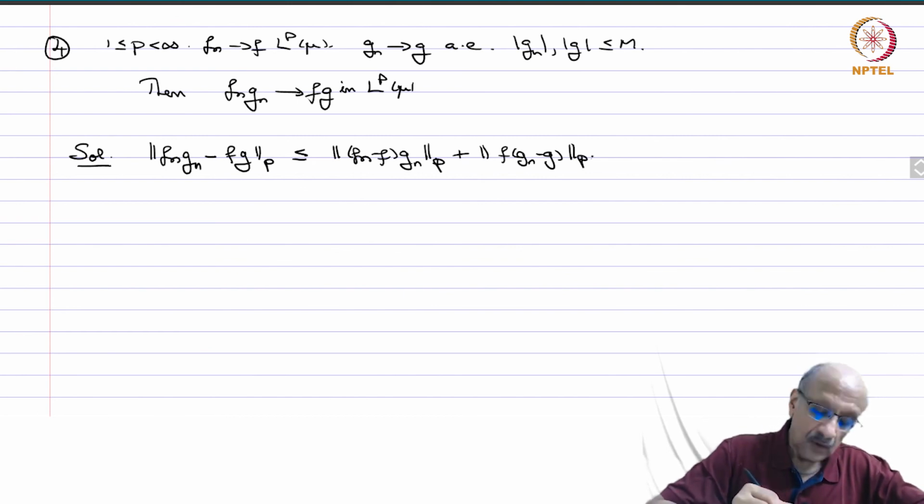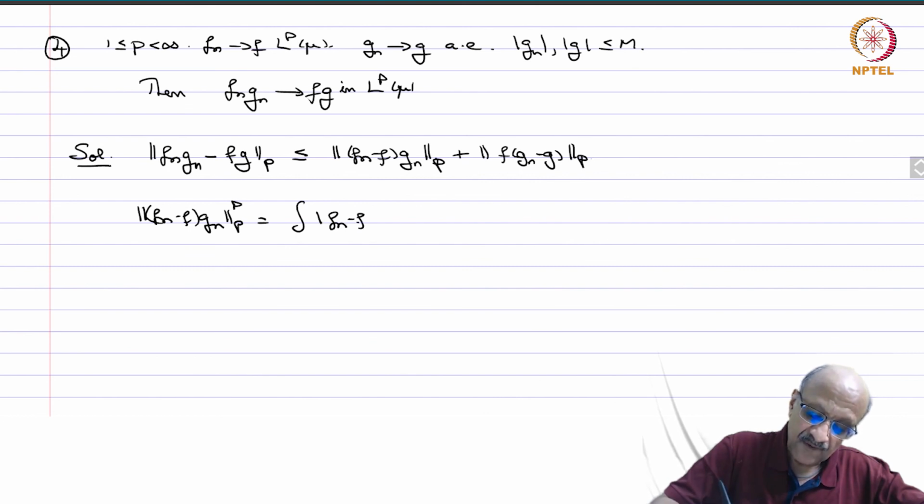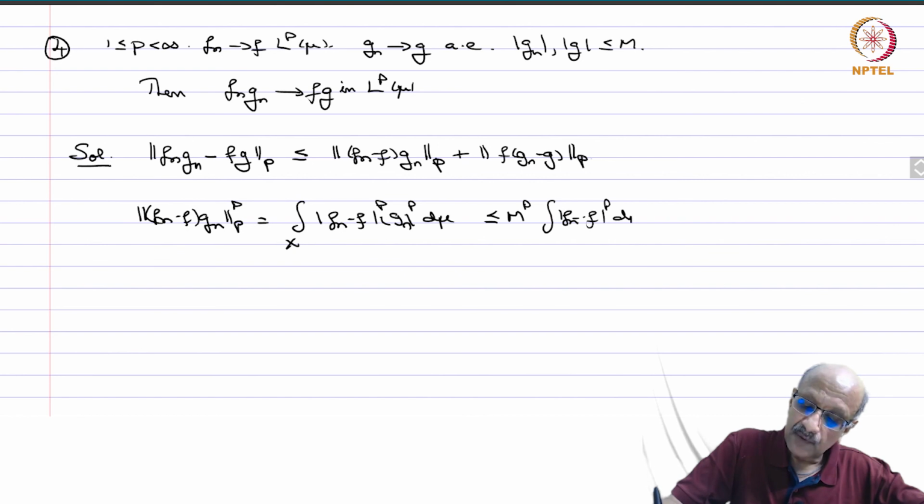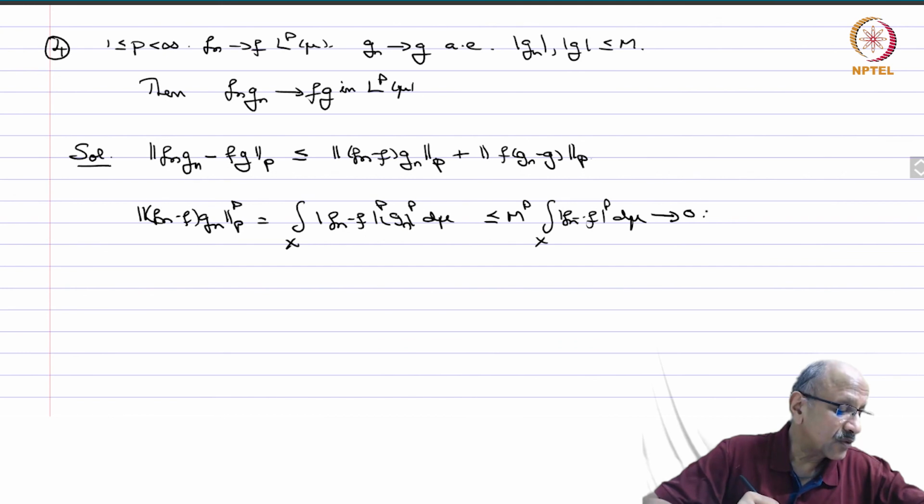Let us take the first one, the norm of Fn minus f times Gn in LP. Raised to the power p, this is equal to the integral of mod Fn minus f power p mod Gn power p d mu over x, which is less than or equal to M power p times the integral of mod Fn minus f power p d mu over x, and that of course we are given goes to 0.